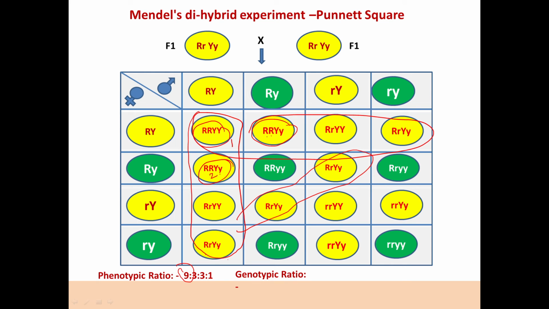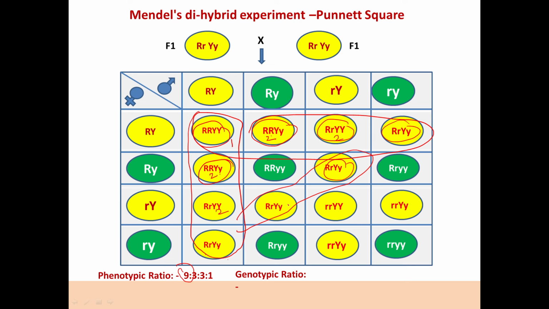So I can give this number 2. So 1:2. Now if I check this one also, capital R small r, capital Y, small y, capital R small r, capital Y, capital Y. So this is also 2 numbers. So 1:2:2:2. Now these 4 are same.